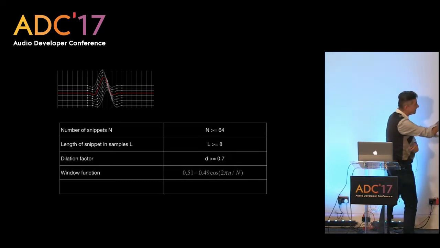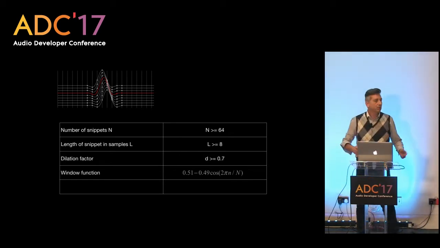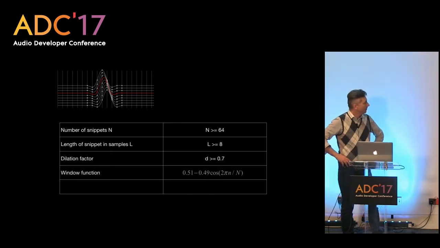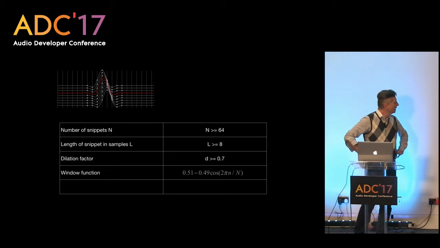I arrived at a function that's somewhere in between a Hamming and a Hanning window. I didn't really ask why it's like this. Just trust me when I say this is the window I use, and it gives almost ideal DC response for all these snippets.